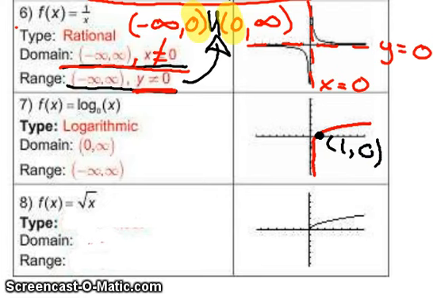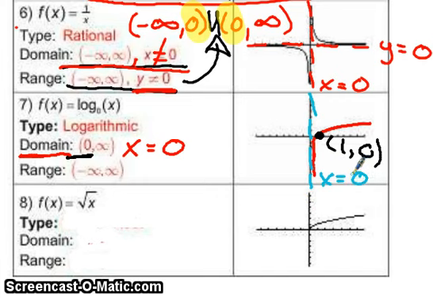Here we see a parenthesis with a number, so again, just like with the rational function and with the exponential growth and decay function, that means there's an asymptote. Since this is in my domain, I have an asymptote at x is 0. So I'm going to go ahead and draw my asymptote right down the middle at x equals 0.